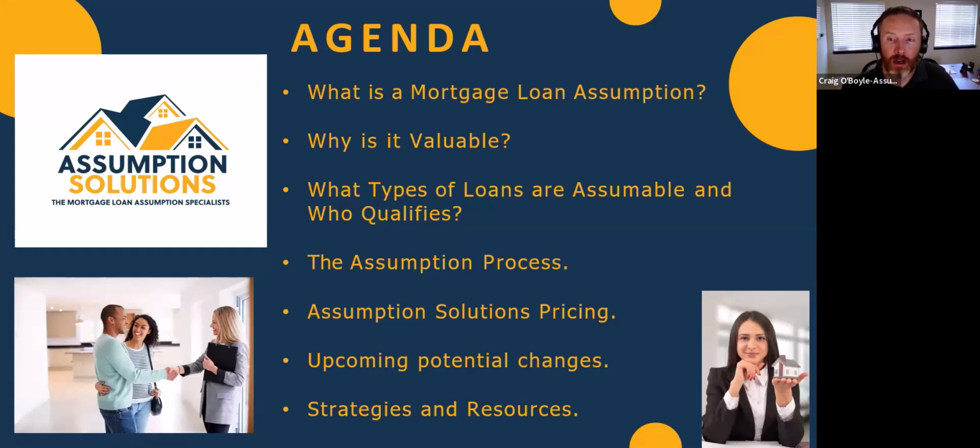We'll talk about our pricing, what we charge. And then we'll talk about some of the upcoming potential changes that we've seen since this process started, some things on the horizon or that have started to change already. And then we'll go back into strategies and resources that relate to the groups and the webpage that you guys run. Sound good? Sounds great.